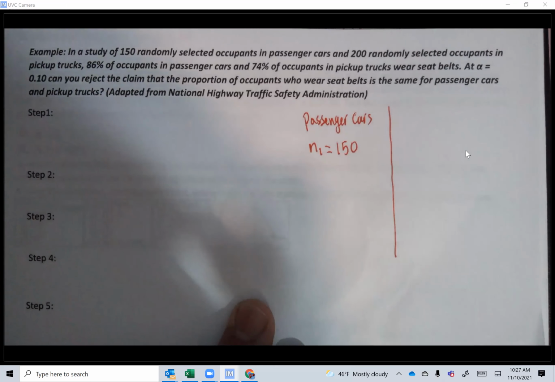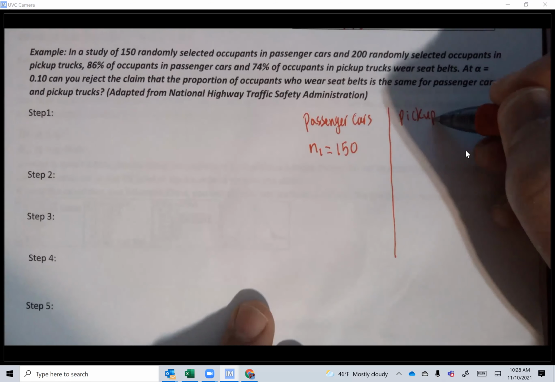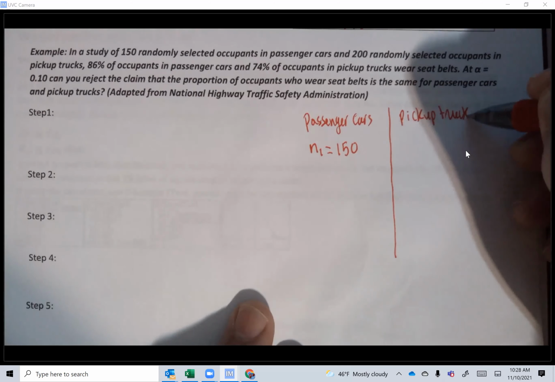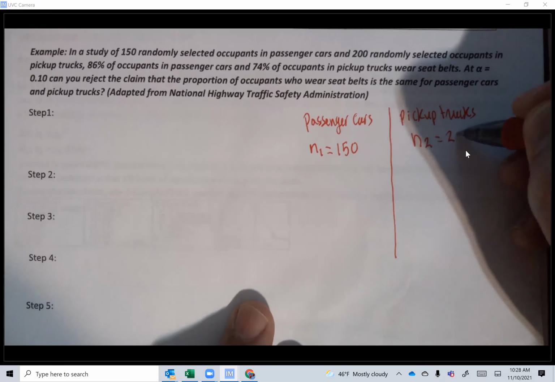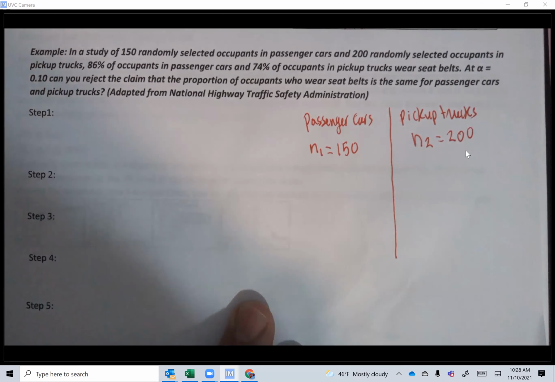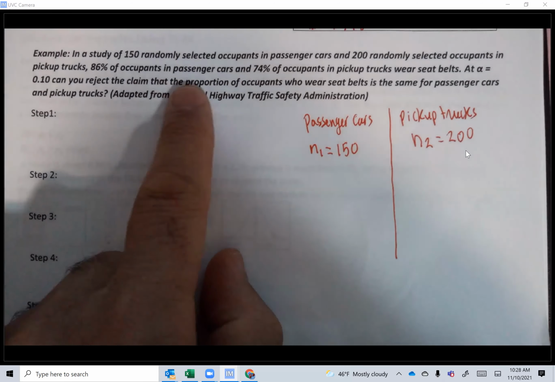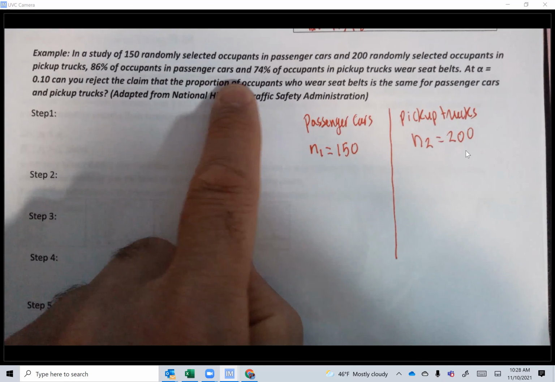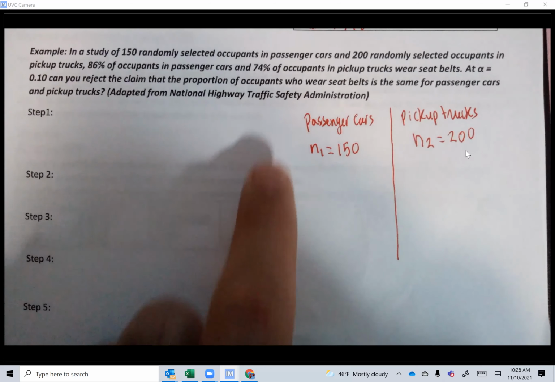And 200 randomly selected occupants in pickup trucks. 86% of occupants in passenger cars and 74% of occupants in pickup trucks wear seat belts.